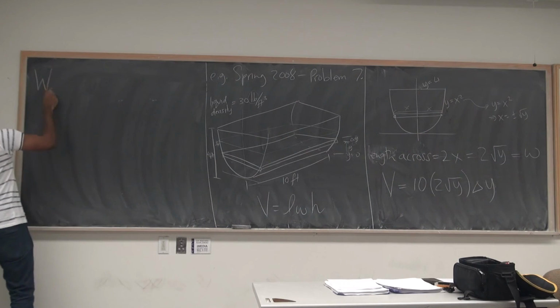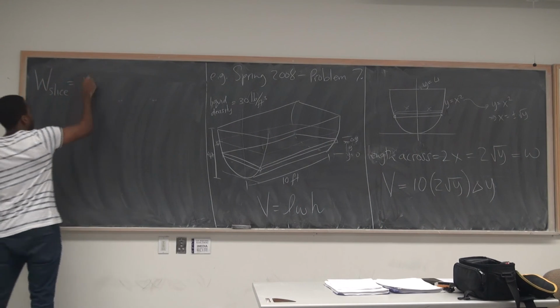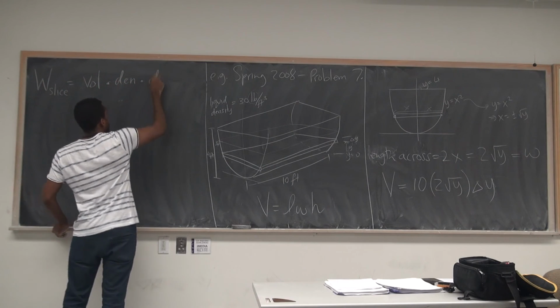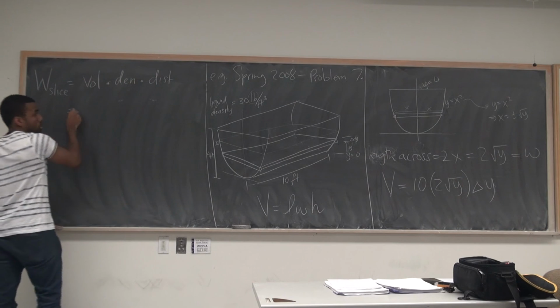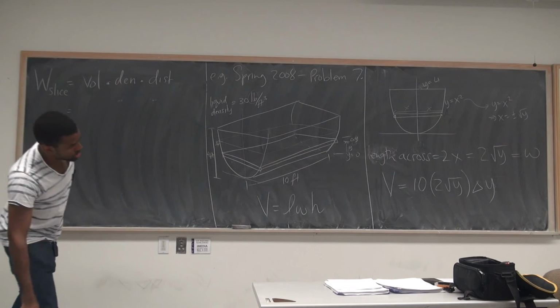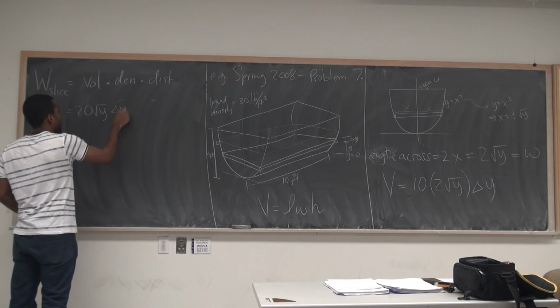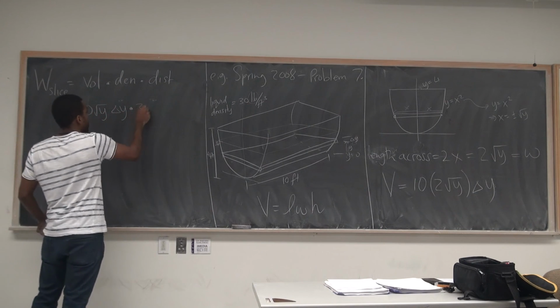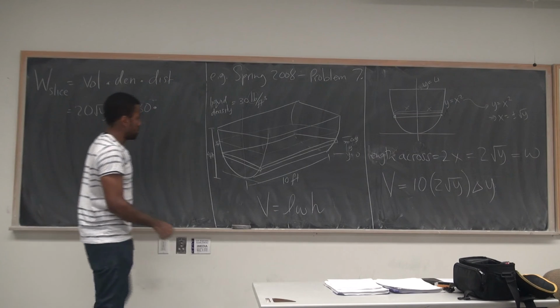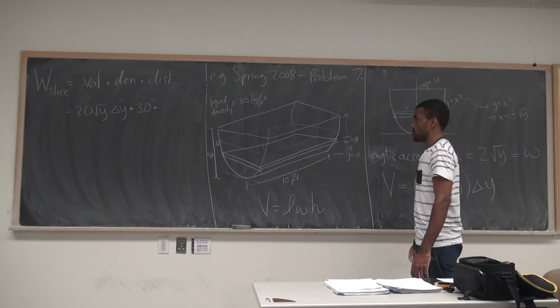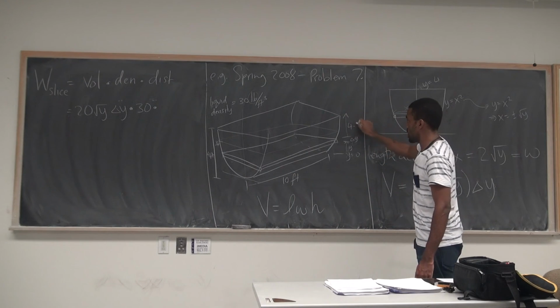Plug and chug. We know it's volume times density times distance. Volume is 20 radical y delta y. The density is 30. The distance from this level to the top is what? 4 minus y.